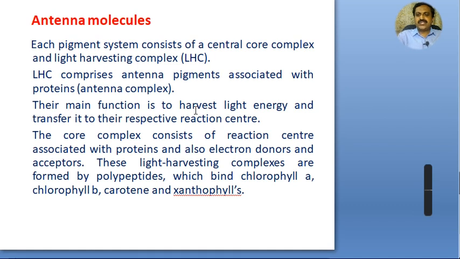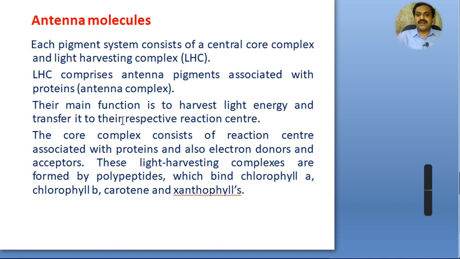Their main function is to absorb light energy, that is, harvest light energy, and transfer it to the respective reaction center. In PS1 there are 250 pigment molecules, in PS2 there are 300 pigment molecules. So what is the role of antenna molecules? The main function of antenna molecules is to absorb light energy which comes in the form of photons, and transfer the light energy to the reaction center for conversion into chemical energy.